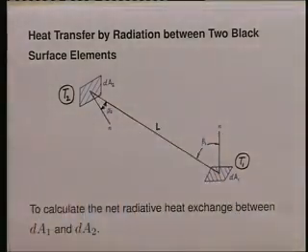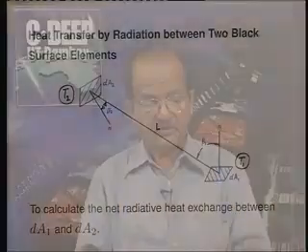So, beta 1 and beta 2 are the angles made by the normals to dA1 and dA2 with the line joining dA1 and dA2. That is the nomenclature we will adopt. Okay. Now, let us go back.